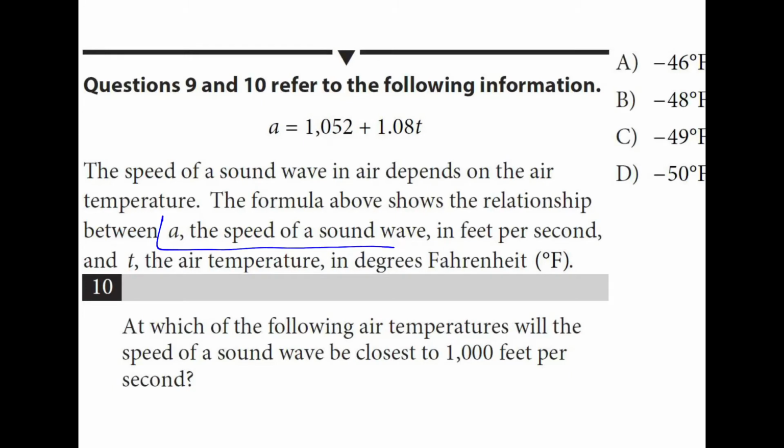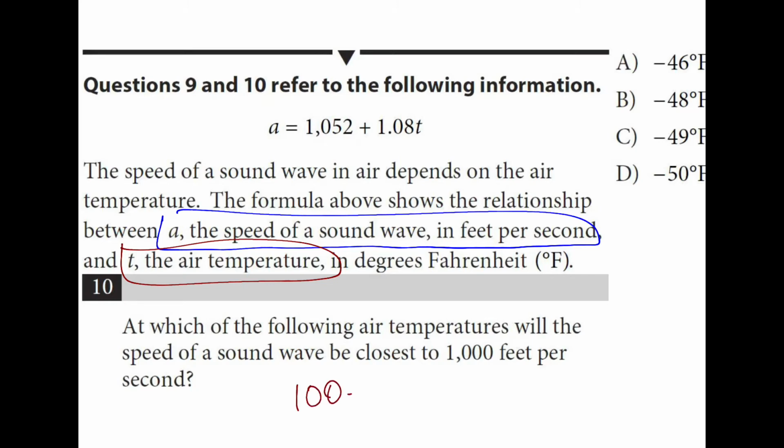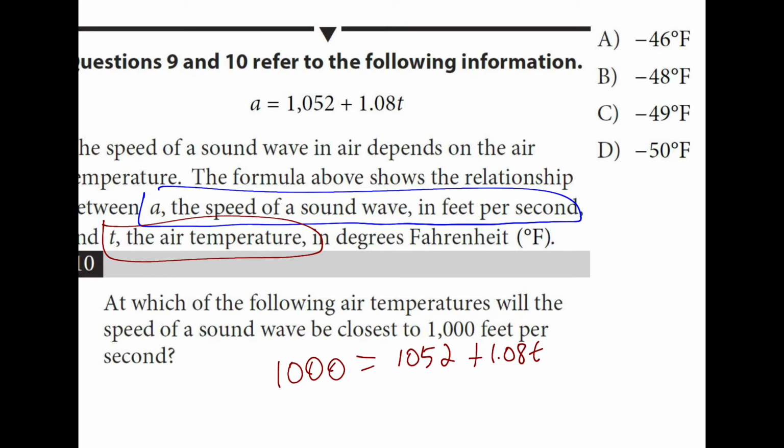So A is the speed of a sound wave, and T is air temperature. If we want to know at which of the following air temperatures will the speed of sound wave be closest to 1,000, we can say 1,000 is equal to 1052 plus 1.08 T. And we can plug in the different answer choices to figure out which one's closest.